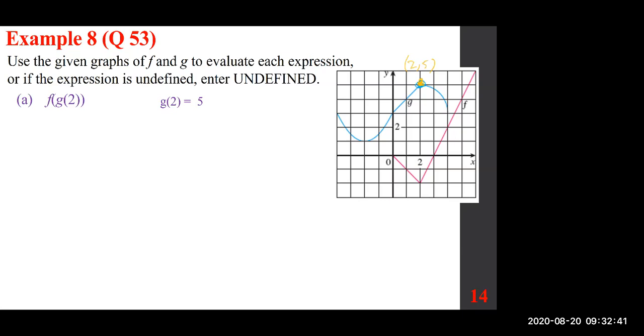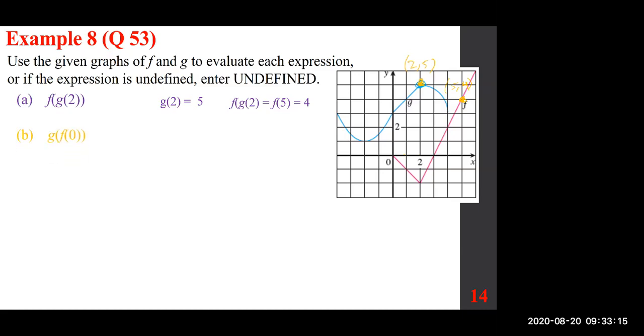F of g of 2, that means we are looking for f of 5. So 1, 2, 3, 4, 5 gives us here, look at this point. What are the coordinates here? The coordinates are 5, 4. So the answer is 4. This is what you need to do for all of this. That's why I don't want it to take too much time. This is very straightforward. And the answer becomes 4.